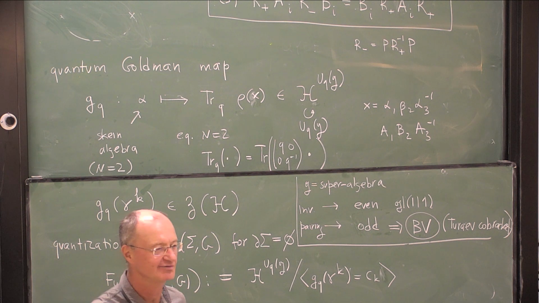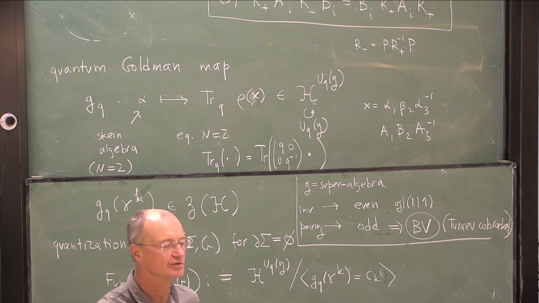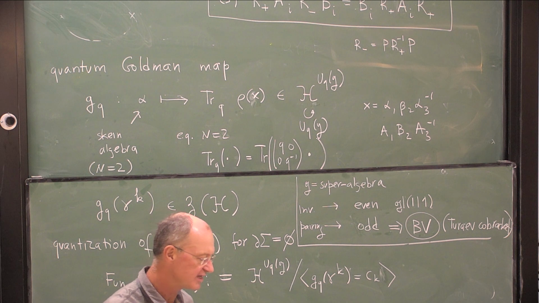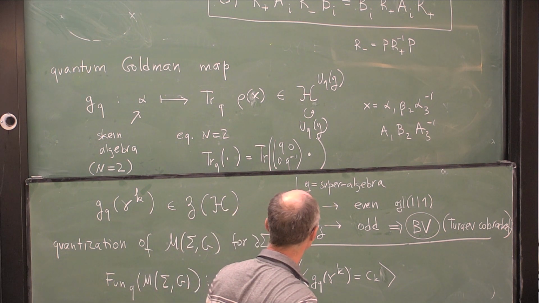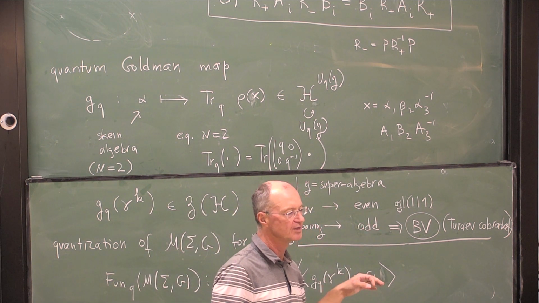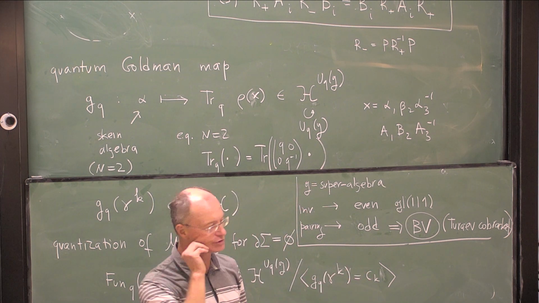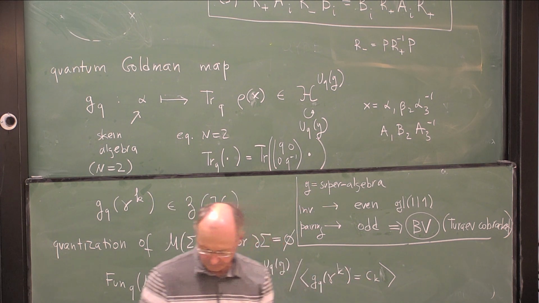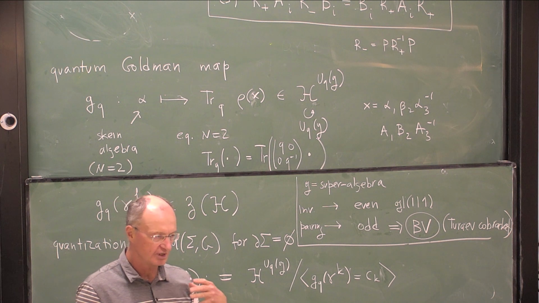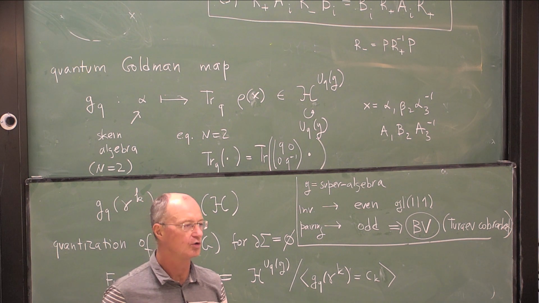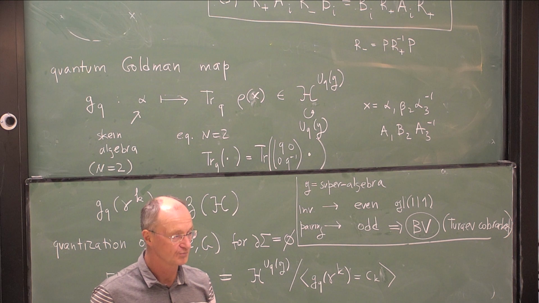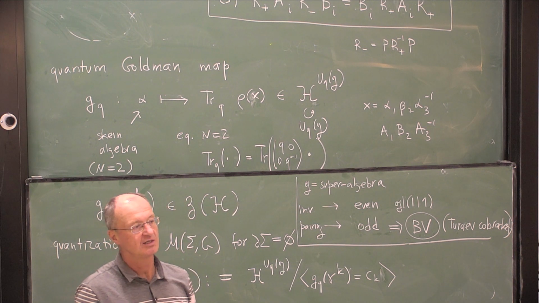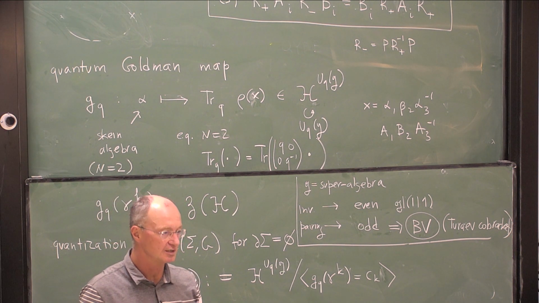Okay, maybe I can say something. This is basically related to the following fact. I didn't mention it, but in principle there is a whole other dimension to the story. You have a natural filtration on the Goldman Lie algebra, and the associated graded.